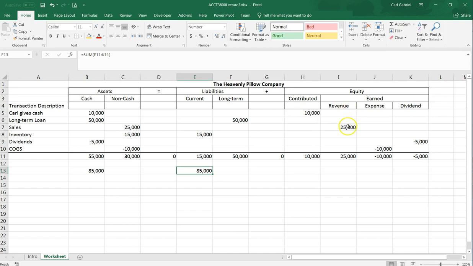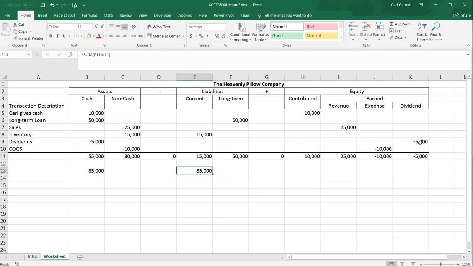We have retained earnings of 25 minus 10, which gives us 15,000 minus 5,000. So our retained earnings is $10,000. So I think I explained that all correctly, hopefully.